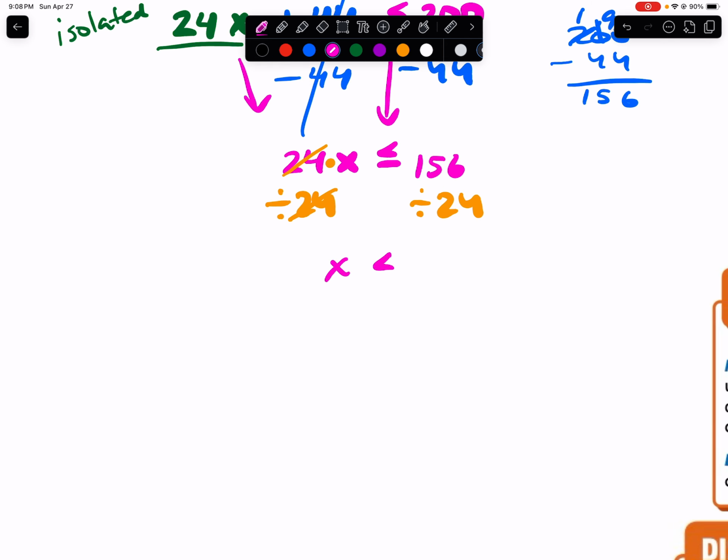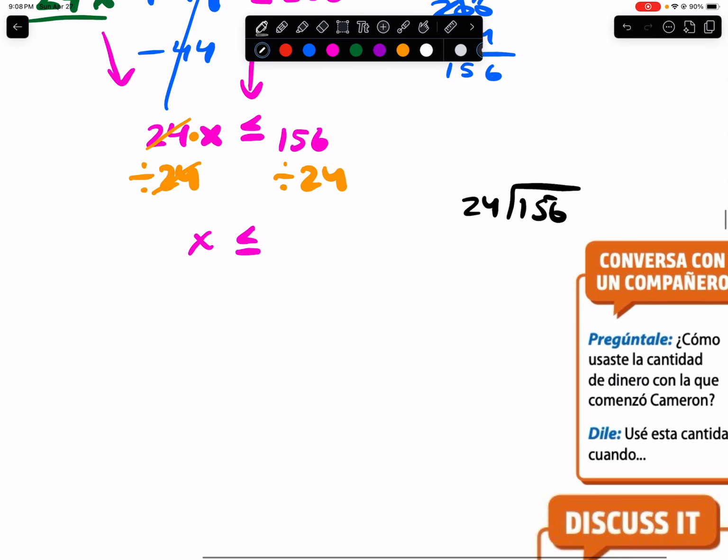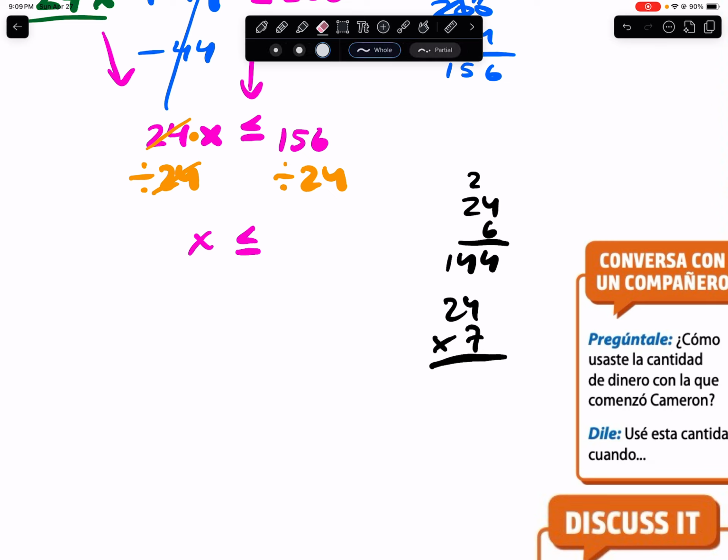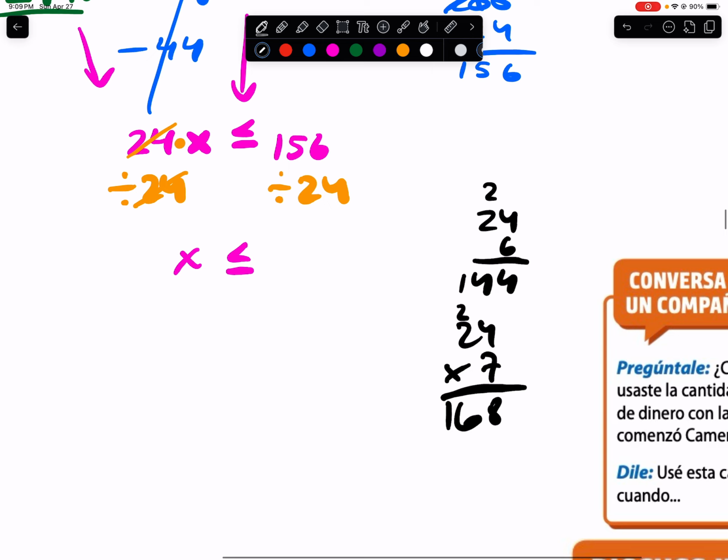Now you have x is less than or equal to, honestly, I don't know how many times 24 goes into 156, so let's just try multiplying. 24 times 6 is 144. 24 times 7 is 168, which is too much.